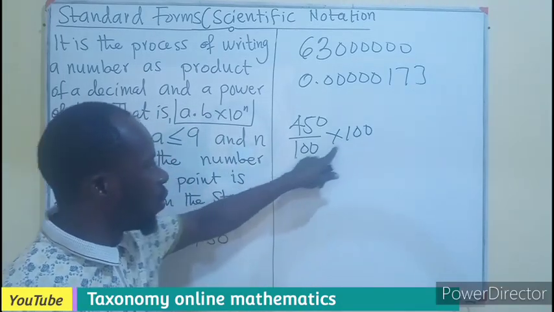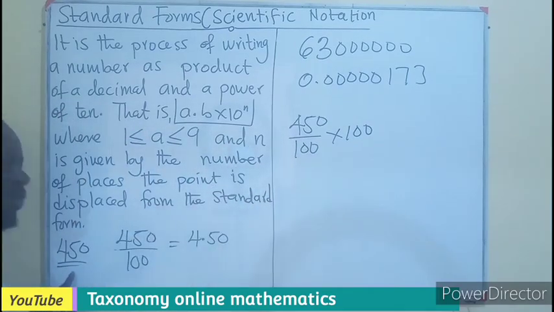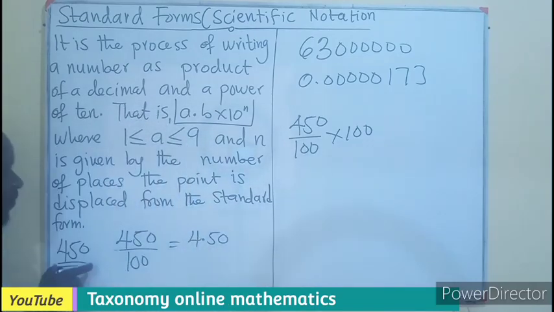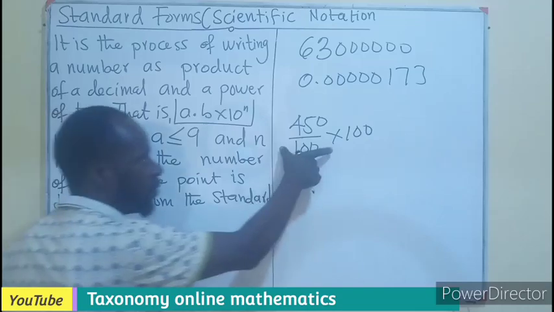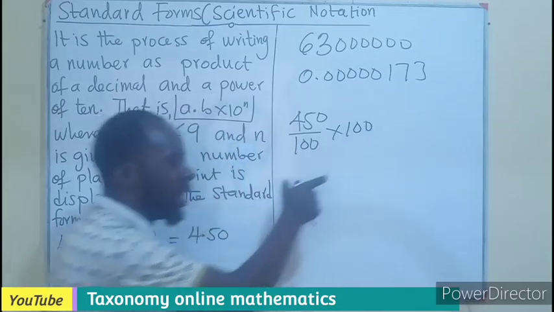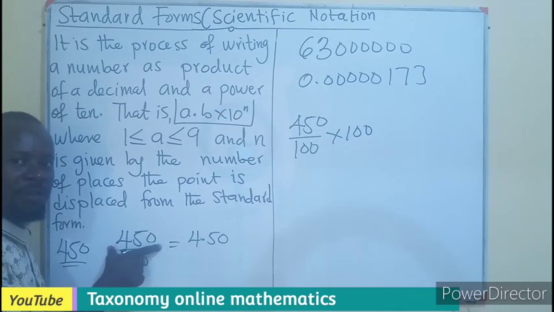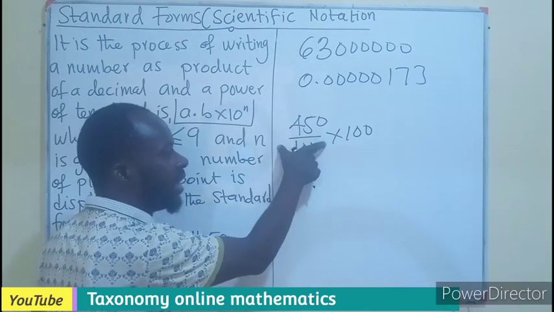Because 100 will cancel 100 and I will be left with 450, which is the question. Which means if I am writing this expression, I have not changed the value given to me. So 450 over 100 times 100 is the same as 450. But we are saying that 450 over 100 is the same as 4.5.